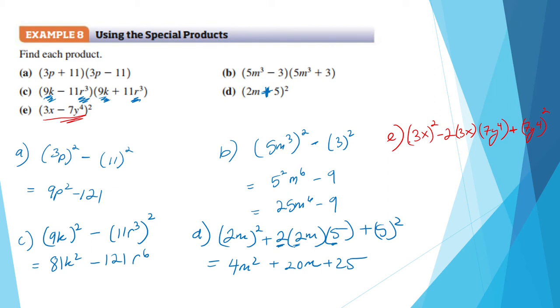We have the first term squared, the last term squared, and then in the middle we have negative 2 times those two terms. This gives me 9x squared. 2 times 3 times 7 gives me negative 42y to the 4th. And there's also an x here, so let's squeeze that in there. And then we have 7y to the 4th is going to be squared. That gives me 49y to the 8th.